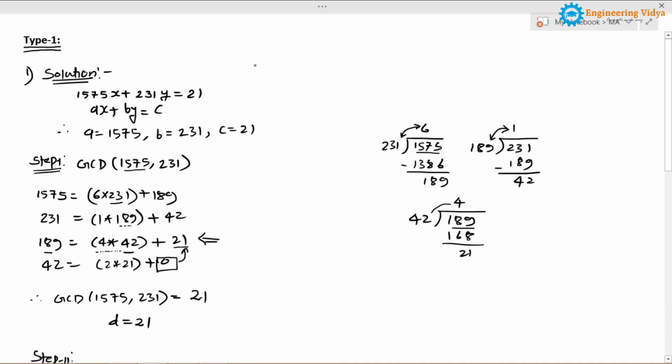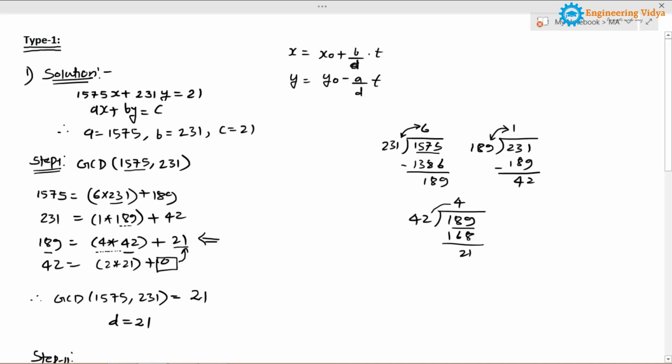What we have to do is find x, and to find x, one formula is there: x0 plus b by d into t. Then we have to calculate y, and the formula for y is y0 minus a by d into t.